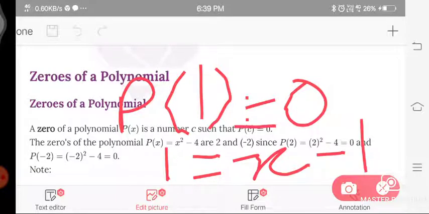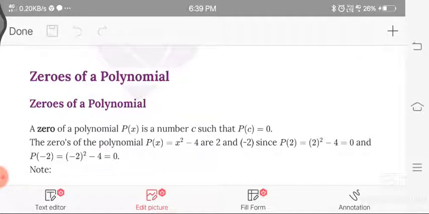x minus 1. So there is an example like the zeros of a polynomial p(x) is equal to x square minus 4 are 2 and minus 2.